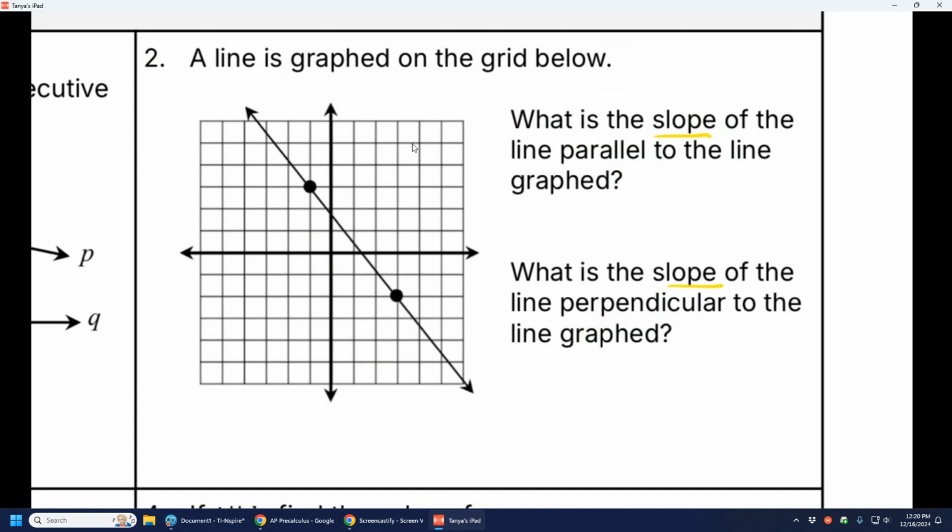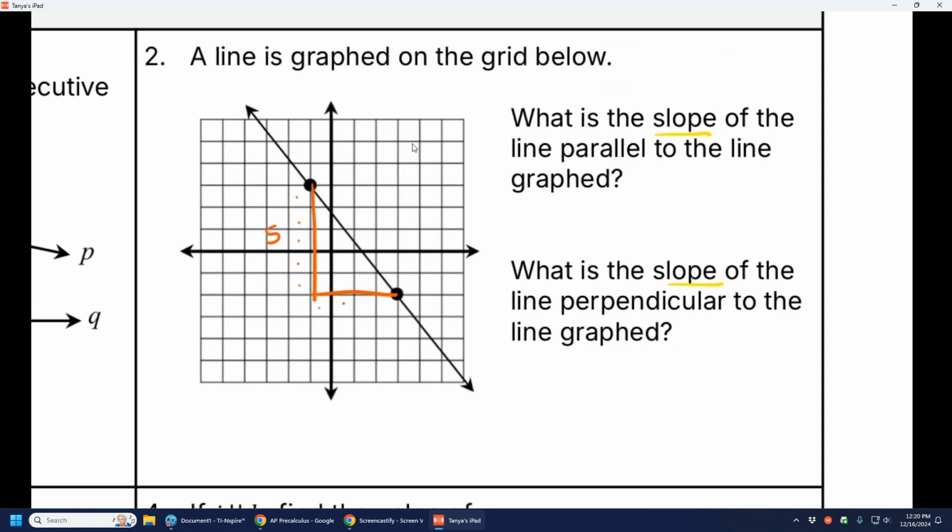So the good thing about this one is there's 2 points that we can look at, and we're just going to count. 1, 2, 3, 4, 5, going up and down. 1, 2, 3, 4, going side to side. And then because this line is going down, it's going to be negative. So the slope of the line in the picture is negative 5 over 4, because we always do rise before run.